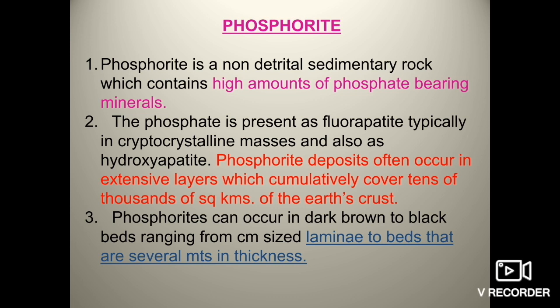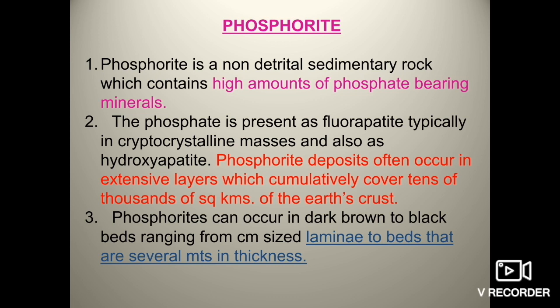So apatite is very important. Phosphorite is present as fluorapatite, typically in cryptocrystalline masses, as well as hydroxyapatite.